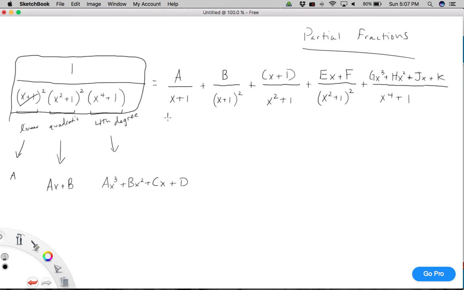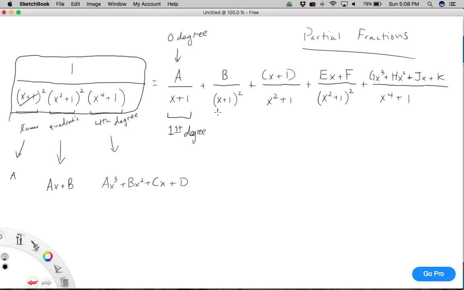So this factor is a first degree polynomial. So on top you have a 0-degree polynomial. And a 0-degree polynomial is just a number. It's just a constant. 3 or 10 or 1/2. These are all 0-degree polynomials.